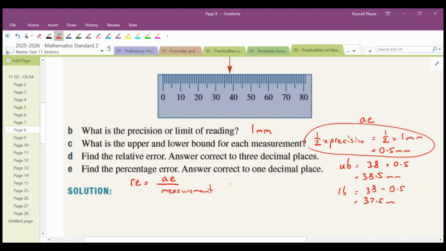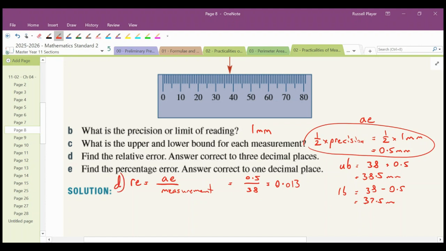So for this one, it's going to be 0.5 over 38, and that is going to equal 0.013. I did that on a calculator. Unfortunately, I don't have the calculator on the screen right now, but you would literally put that into your calculator and you'll get that. So that is question D.